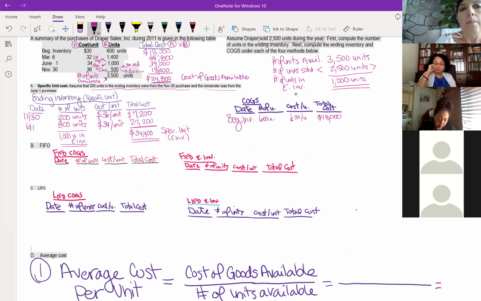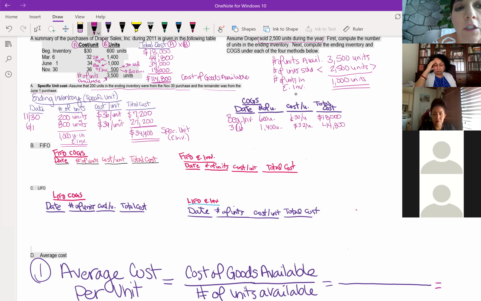March 6th, had 1,400 units in inventory at a cost of $32 per unit. Also assumed sold, 44,800, because they didn't identify any in that layer.